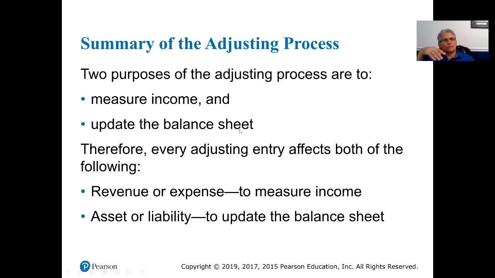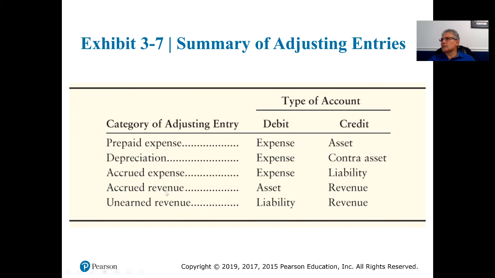Example, supplies. What do we have at the end of the year that's adjusted to that? Prepaids. What is actually prepaid? We adjusted. Equipment, adjusted. Therefore, every adjusting entry affects both the following: revenues or expenses to measure income, and assets or liabilities to update the balance sheet. Here's a summary of all the adjusting entries.